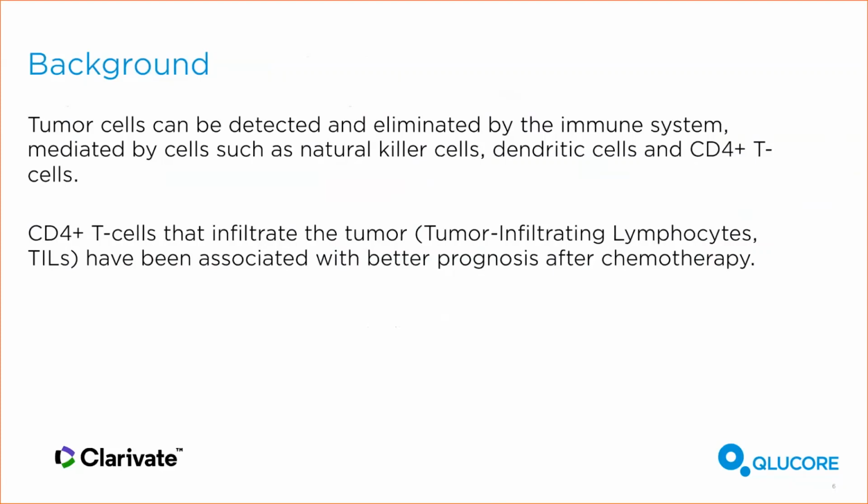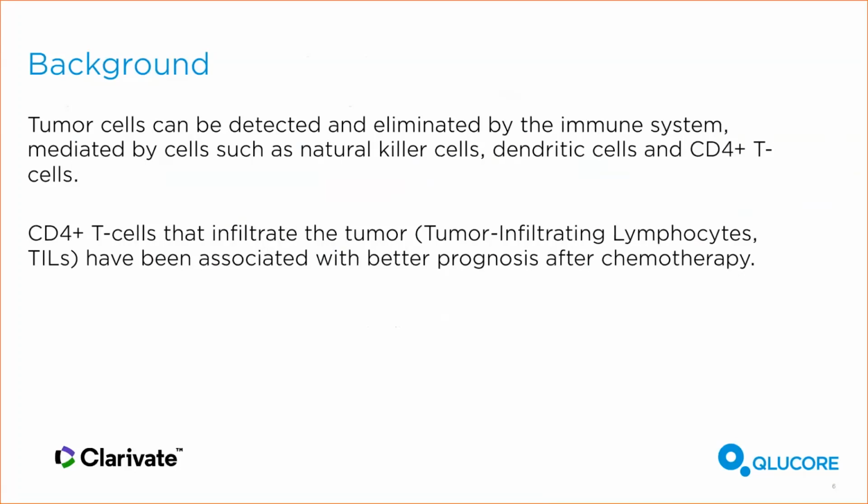So a normal immune response involving killer cells, dendritic cells, T-cells. Today we'll be focusing specifically on the CD4 T-cells and the follicular helper T-cells from an experiment that was run using differential gene expression, looking at the expression of the T-cells as they infiltrate the tumor.